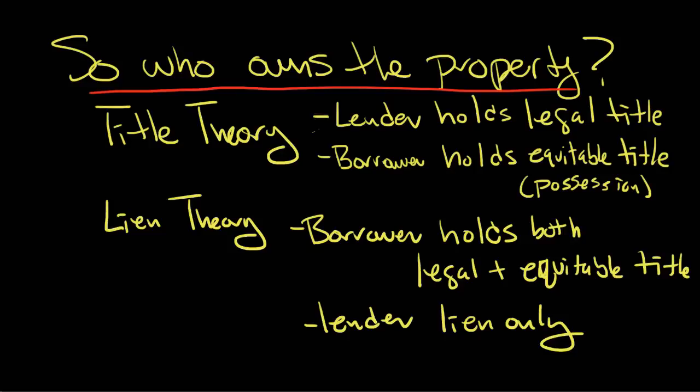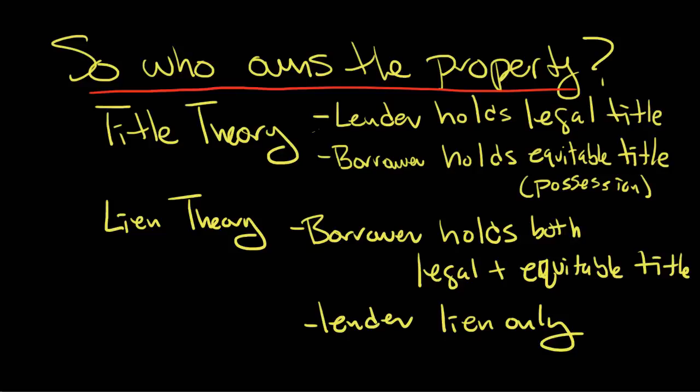And we're going to get to deeds of trust in a second. But effectively, we have title theory, and this is on a state-by-state basis, I should add. Some states are title theory and some states are lien theory. And not to get too into it, but there are even hybrids of these types of things.